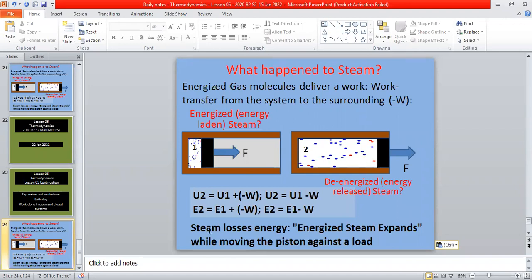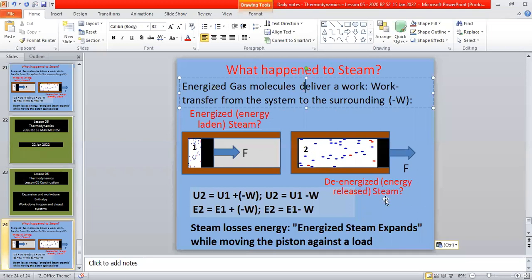So energized steam expands while moving the piston against the load. Energized gas molecules deliver a work transfer from the system to the surroundings. The energized system releases energy and delivers work.